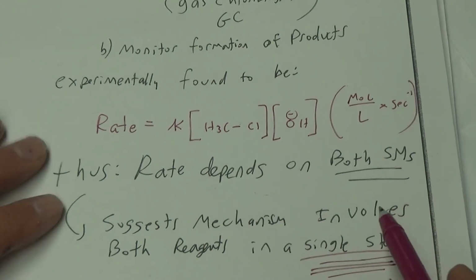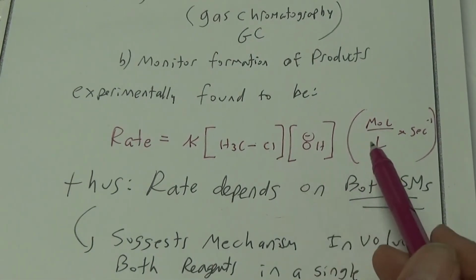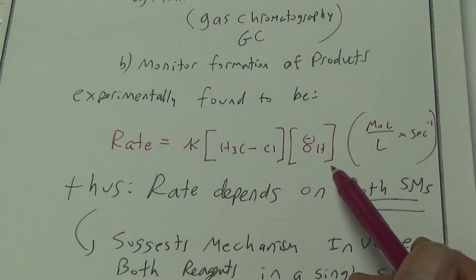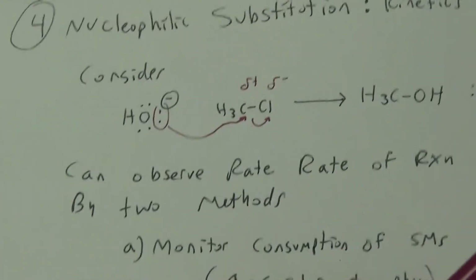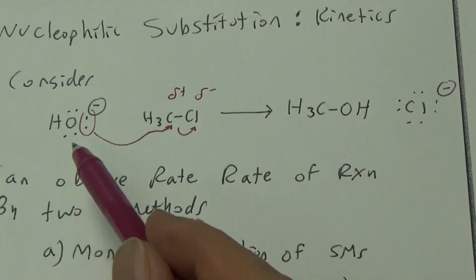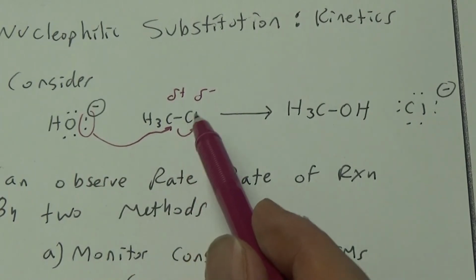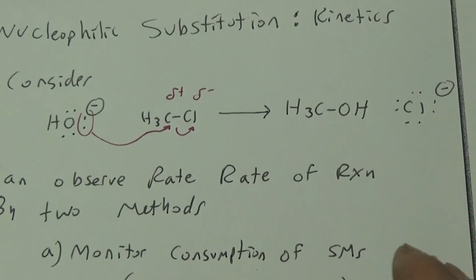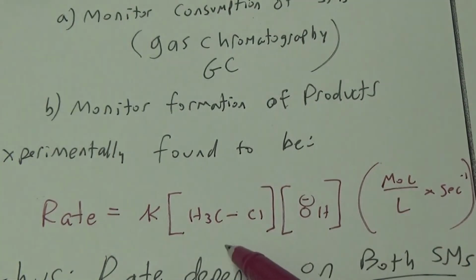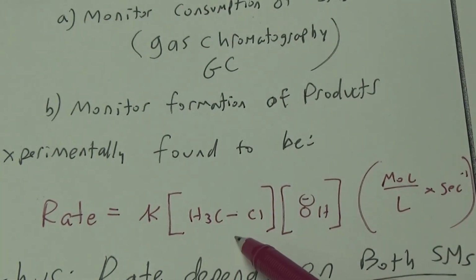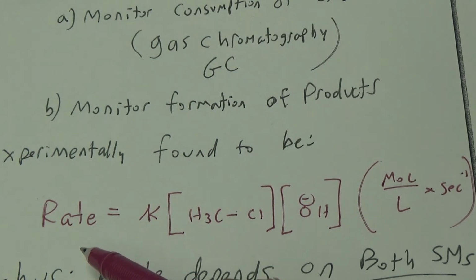Now, what would the effect be if I'm doing this reaction, chloromethane and hydroxide, just like we showed up here? Hydroxide attacks chloromethane, and we make methanol and chloride. What would the effect on the rate be if I double the amount of this? If you double this, the rate doubles.